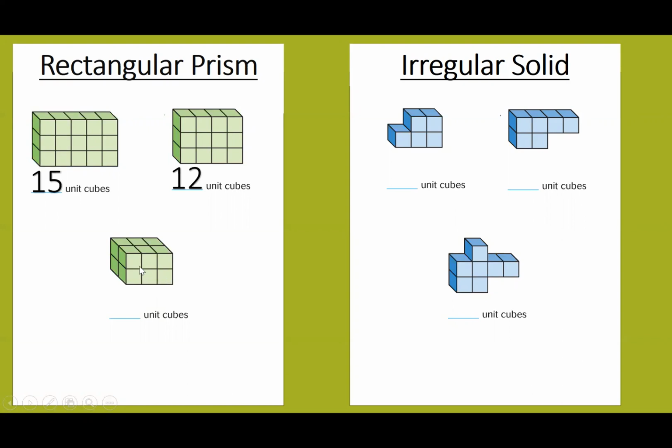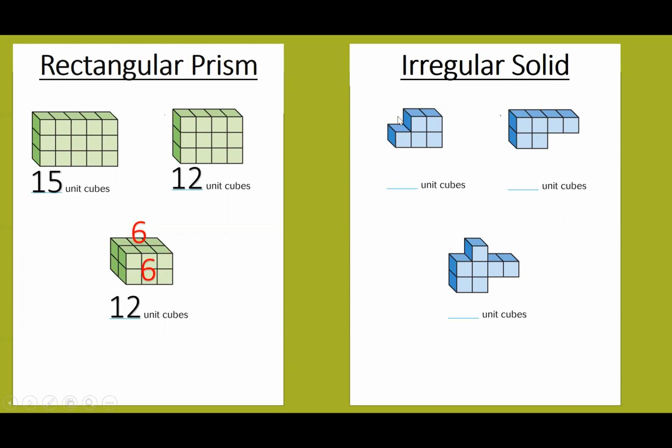Yeah. So basically, it's like saying 2 times 3 is 6. And then if I have 6 in the front row, I'm going to have 6 in the back. And what is 6 plus 6? That's 12.